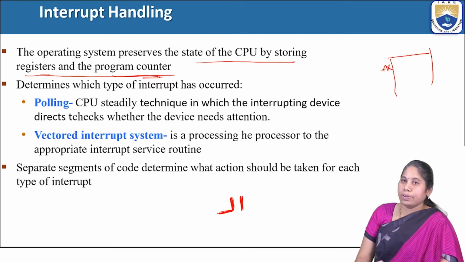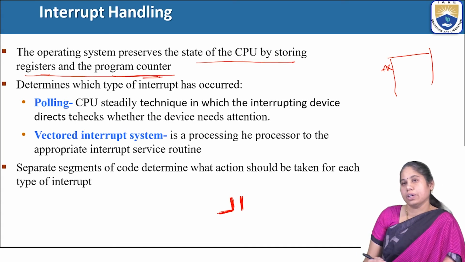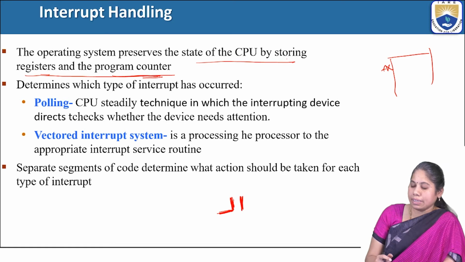You don't save this information into the memory. When the interrupt is raised, this information is stored in the registers. Registers are tiny storage elements available inside your CPU itself, right?